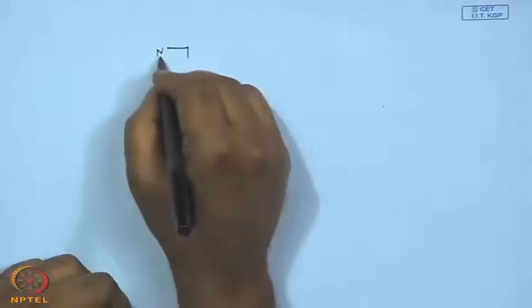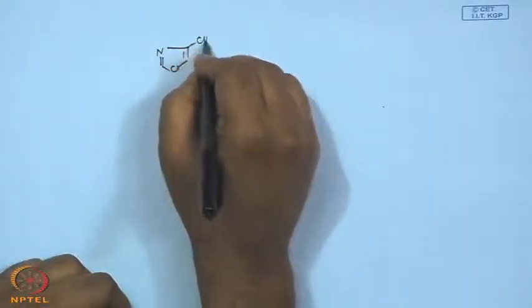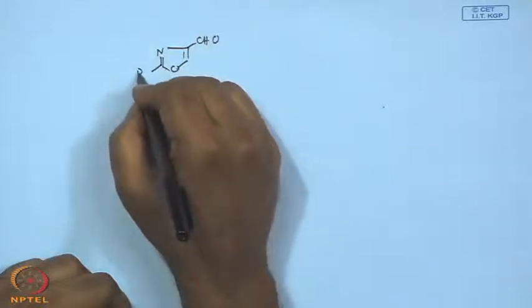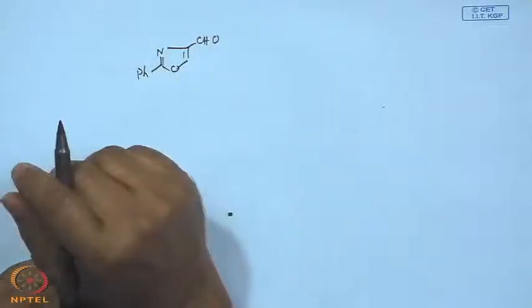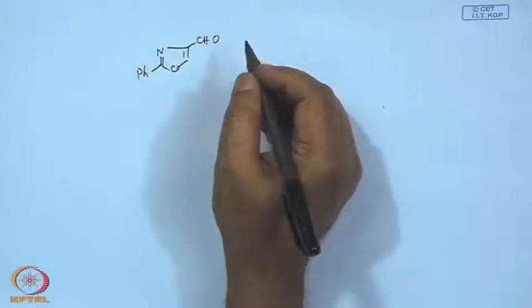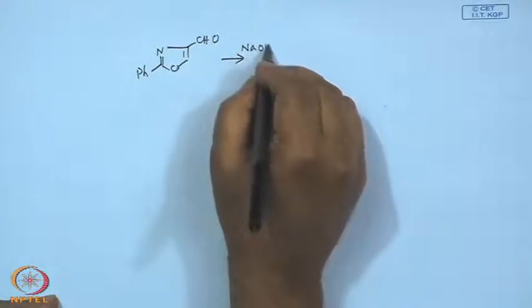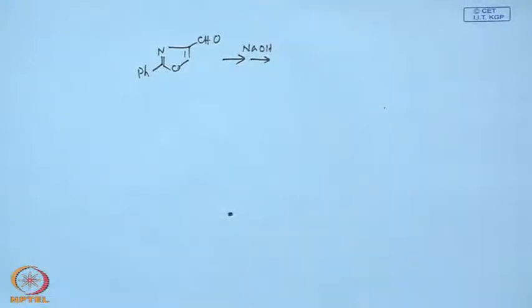And then one more base catalyzed reaction is known, also discovered by Cornforth, with a very similar substrate here. If you treat this with sodium hydroxide, and of course it is heated, in this case it ring opens.